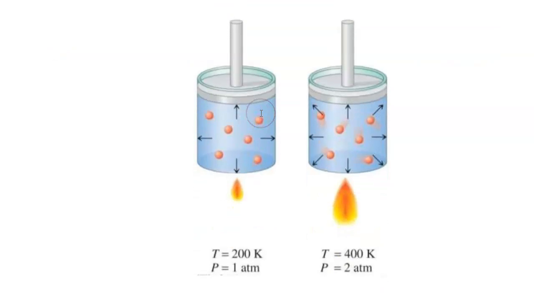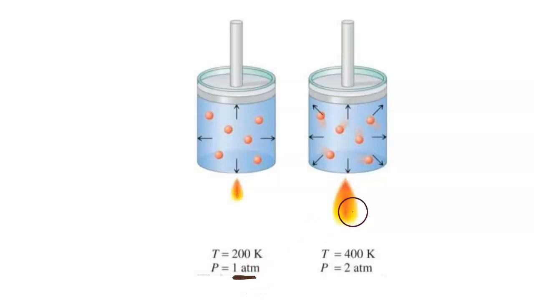Let's take a look at this diagram. On the left is a container, and the orange dots are gas particles moving around in the container. Underneath the container, there's a small flame. Let's say that when the temperature is 200 Kelvin, those particles in the container exert a pressure of 1 atmosphere. Now let's make a change.